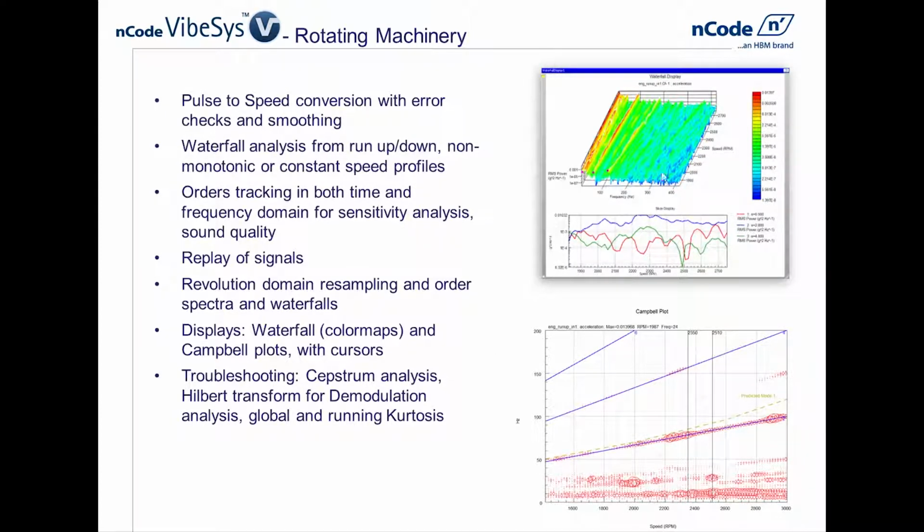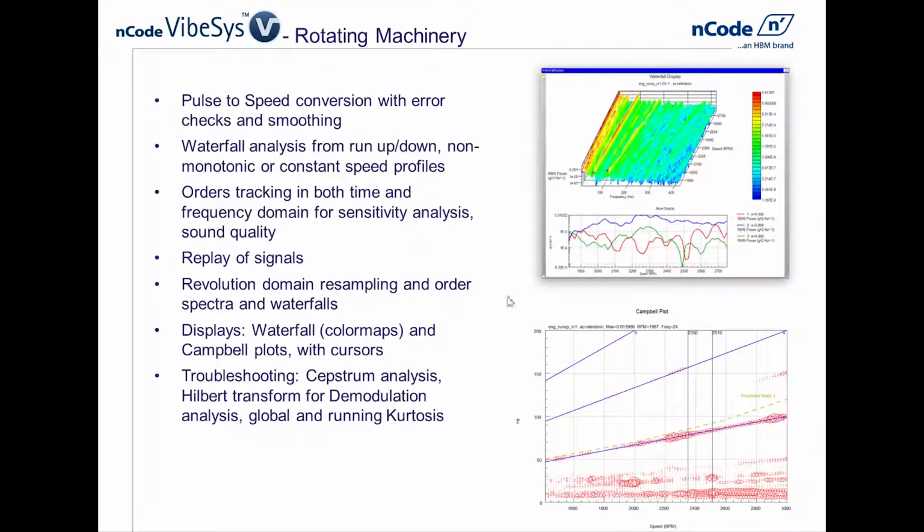For more accurate order analysis and waterfall analysis, some of you may prefer resampling the original signal into the revolution or into the angle domain. So that's feasible. There's a glyph for that, and therefore you eventually obtain a spectrum in order, no longer frequency, but the x-axis is order.